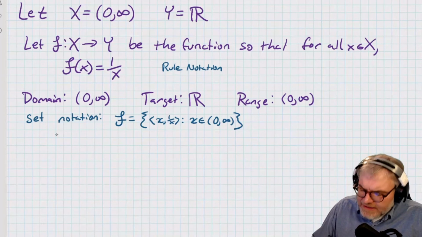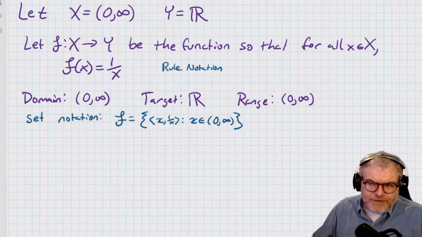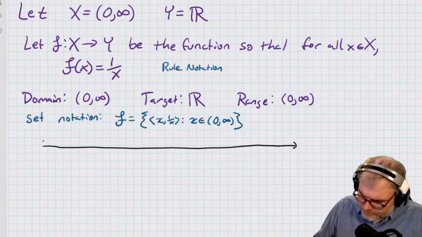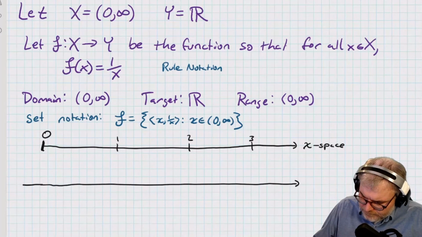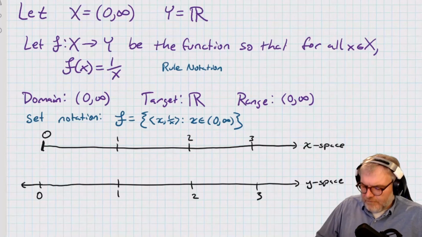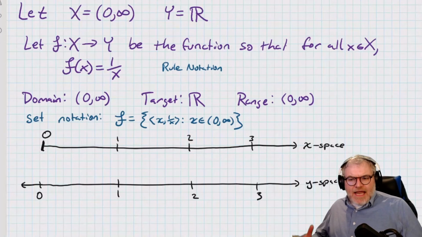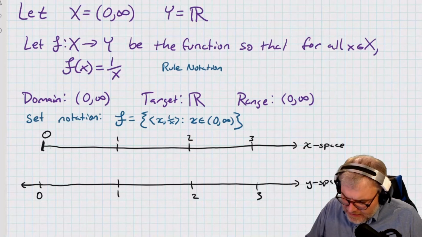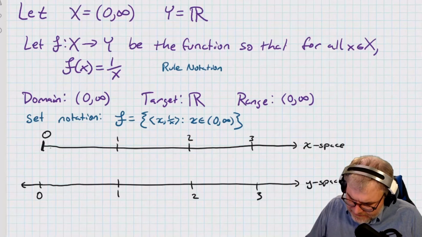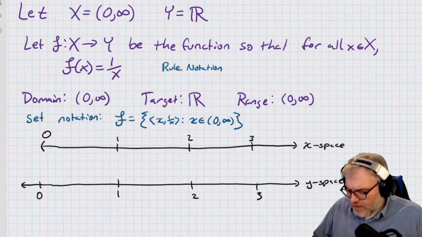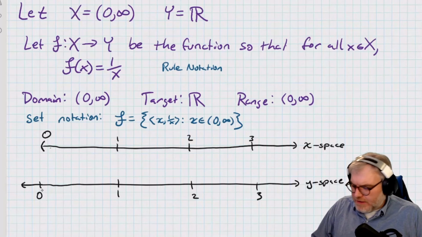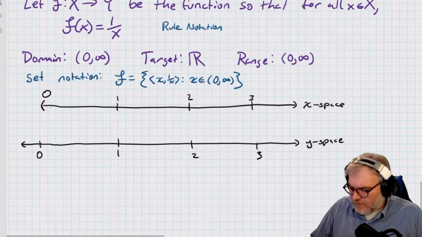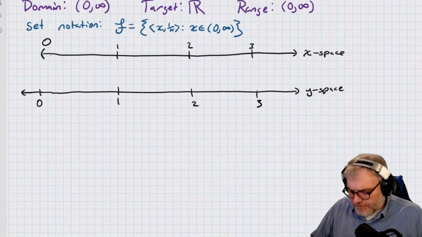Now, let's do an arrow diagram for this function. Okay, so I've taken the x space and the y space. Note that the x space ends at 0 here. And the y space is all of R, even though we're only going to use the points from here over. The y space is still all of R. The target, that's fair.